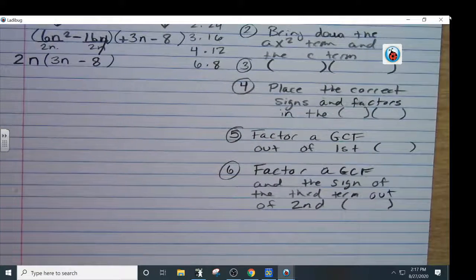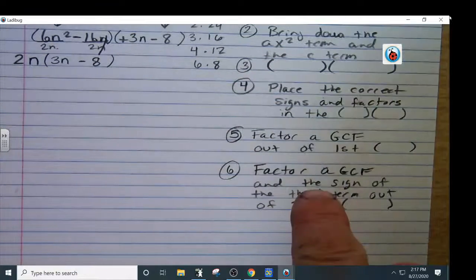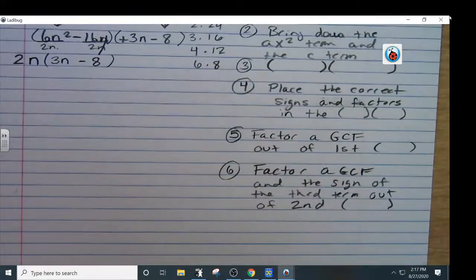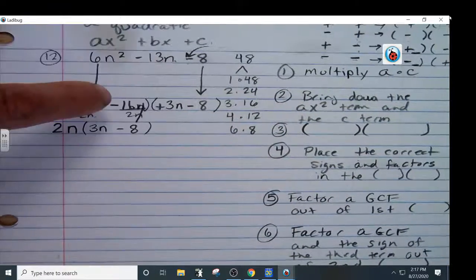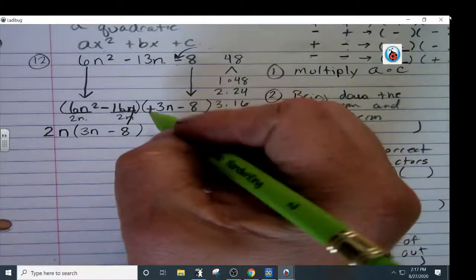Guys, these steps are the same every time. Numbers just change. So I'm going to factor GCF and the sign of the third term out of the second parenthesis. First of all, that's the sign of the third term. Does everybody see that? 1, 2, third term. So that sign's going to be factored out.